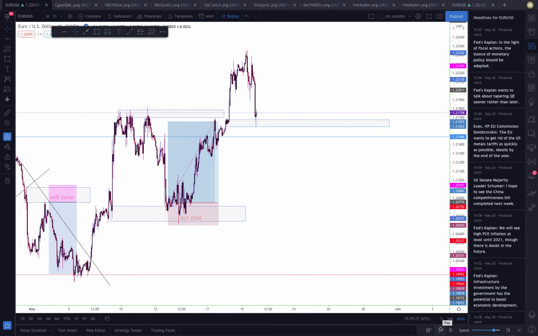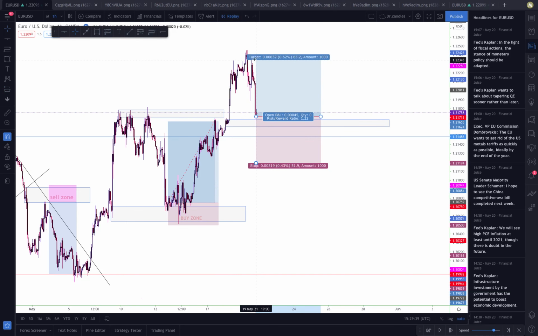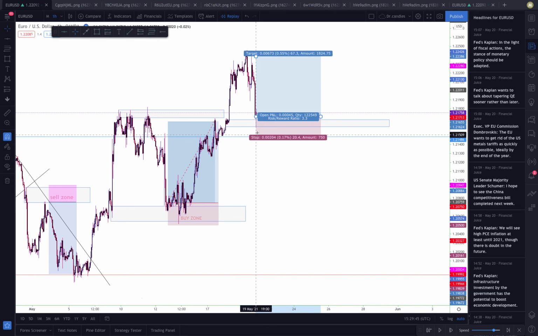So this was the market that came through into the demand zone, gave you a very nice reversal candlestick, very nice entry. If you know this, you know. So this is the current situation of the market. We want to take this trade with a very good risk to reward ratio.